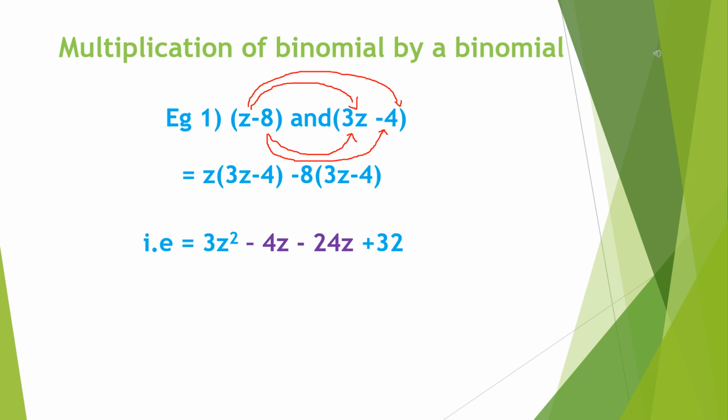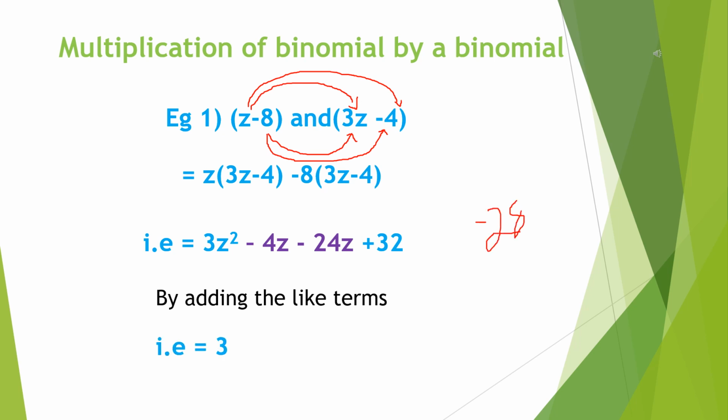Here these two are like terms. We should add these two terms. Minus 4z minus 24z becomes minus 28z. So the answer will be 3z square minus 28z plus 32.